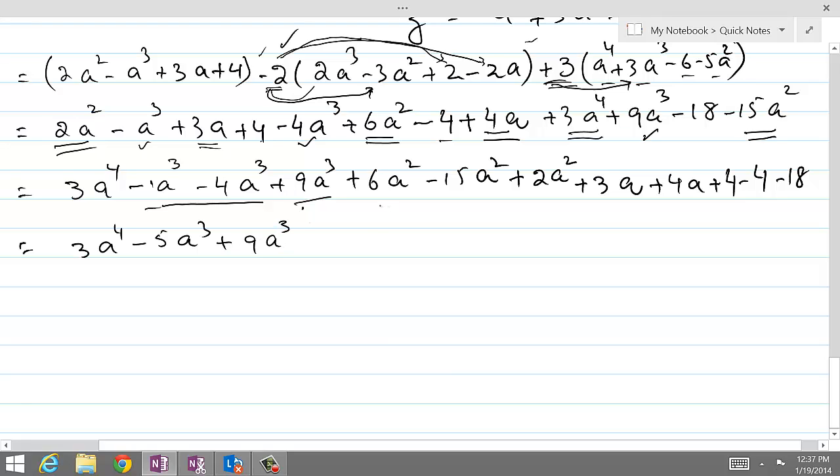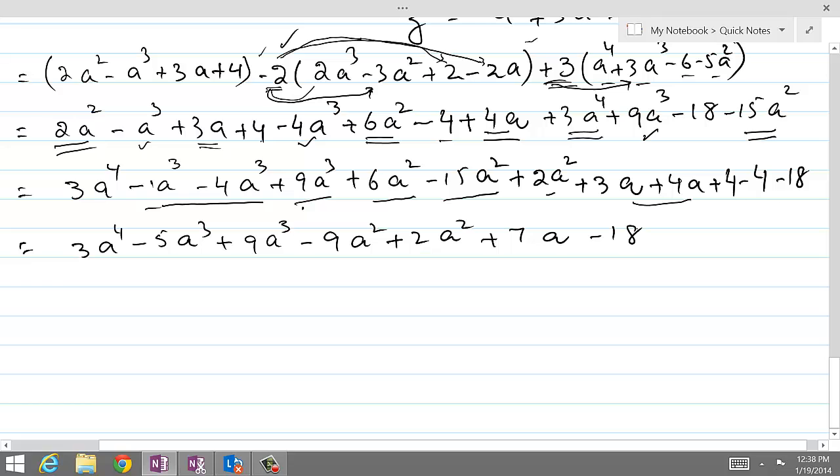Plus 6a square minus 15a square will give us how much? Minus 9a square, because one is positive, one is negative, so the two numbers will be subtracted. So this will be minus 9a square plus 2a square, and plus 3a and plus 4a will become plus 7a, and 4 and minus 4 will cancel each other, and minus 18.